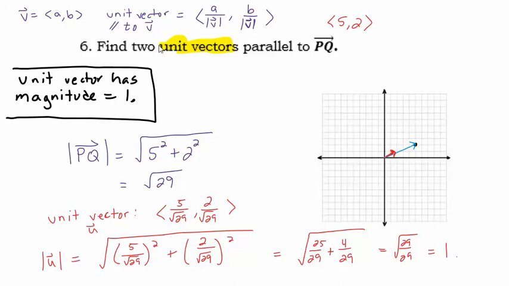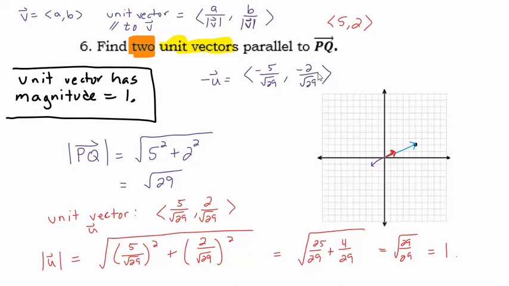Well, this problem asks us to find two unit vectors. So for the other unit vector, we could just go the opposite direction. We could just send it this way. To do that, that's just -1 times this red vector. The opposite of vector u would have components -5 over root 29 and -2 over root 29.